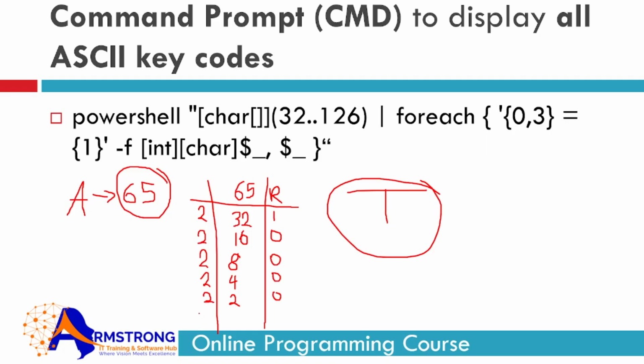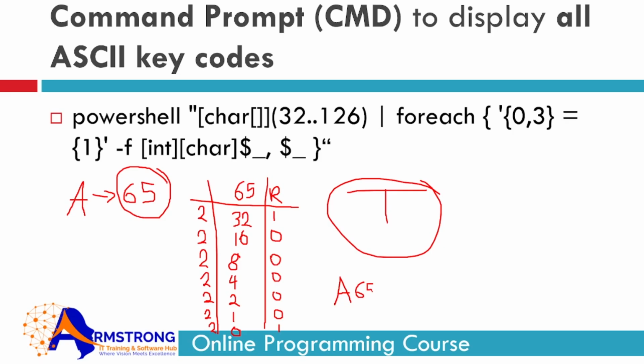And now 2 goes into 2 how many times? 1 time, and remainder 0. Now 2 goes into 1, it's not possible, so it's 0, and what is left is 1.